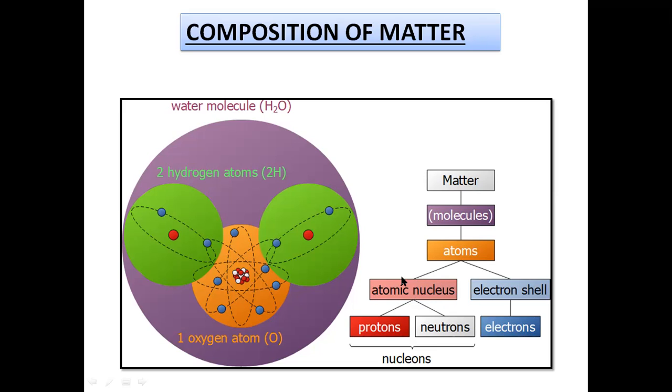One is the atomic nucleus, as in this picture you can see in the center, which is again made up of protons and neutrons. Surrounding this nucleus in definite orbits, that is imaginary pathways, we get electrons. So these are the components that make up matter as a whole.